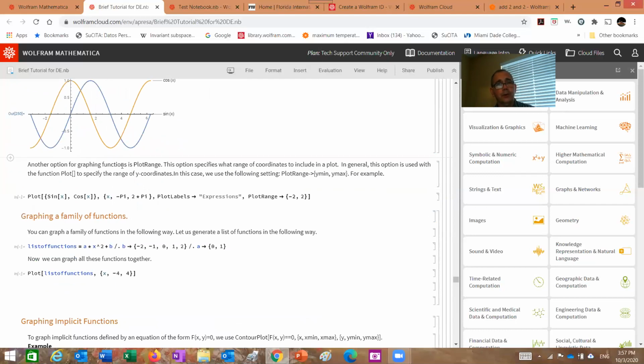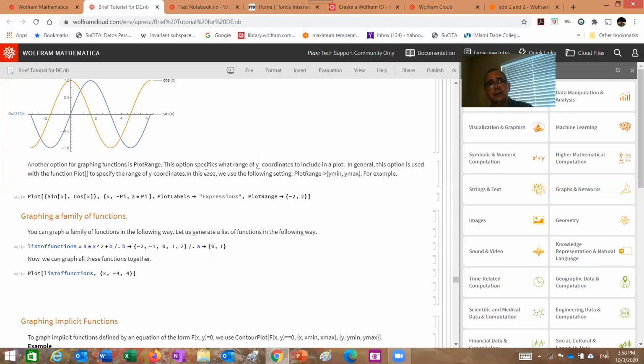So another option for graphing functions is PlotRange. The PlotRange specifies the range of the y coordinates.